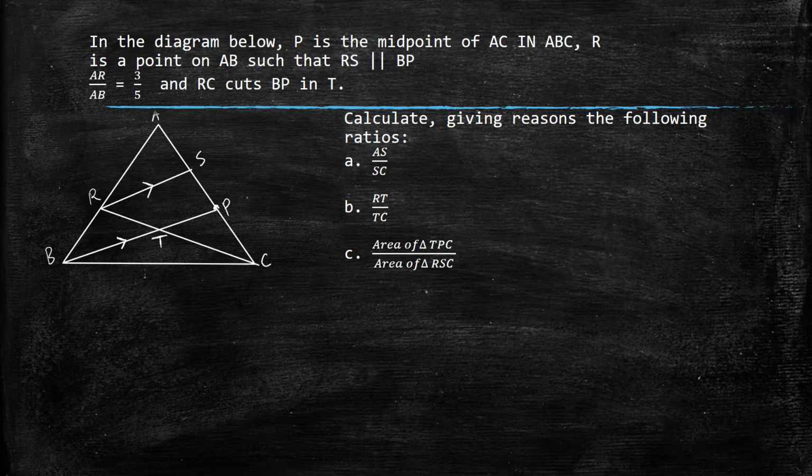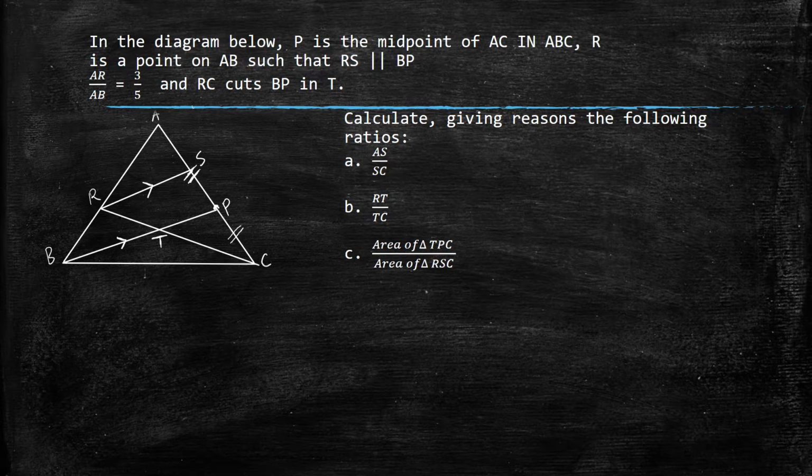It means that AP will be equal to PC, because P is the midpoint of the line AC. So I'm just going to represent that in my diagram. AP is equal to PC, don't forget, because P is the midpoint.